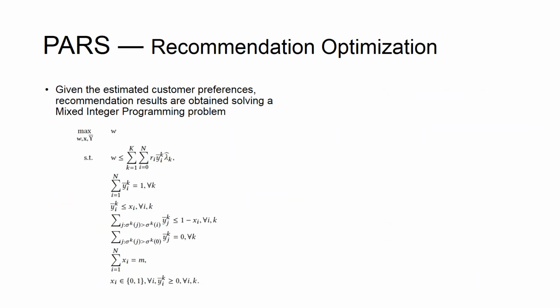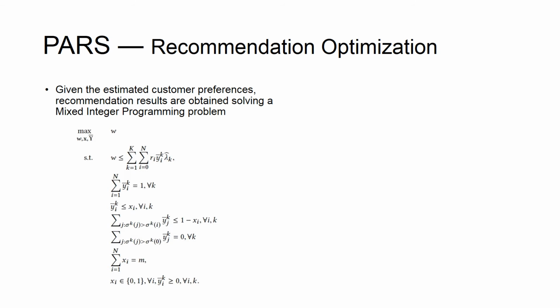The second component is recommendation optimization. Given the estimated customer preference from the first component, this component just needs to find the optimal recommendation results. This problem is similar to a kind of knapsack problem.